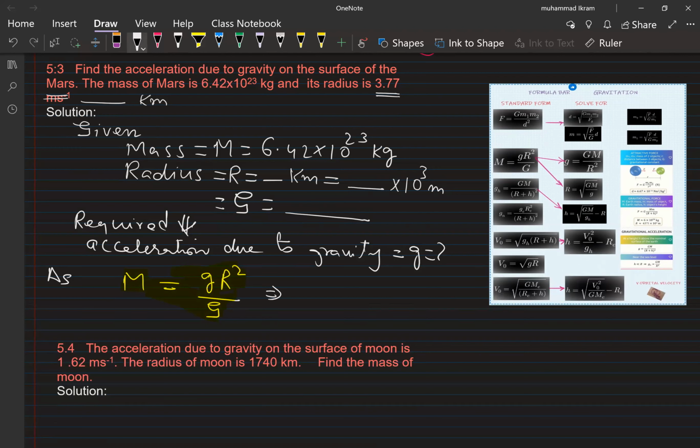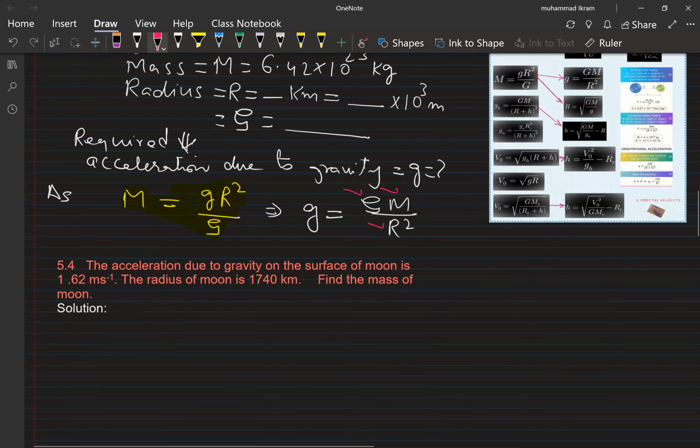Of course, this g is directly from this one, g equals G M by R square. Instantly, if you remember this by heart, very good. So you have all the values. This is known to you, this is known to you, and this is known to you. So you can easily find this one. You solve it and then discuss with me. Okay, that's how you do it.